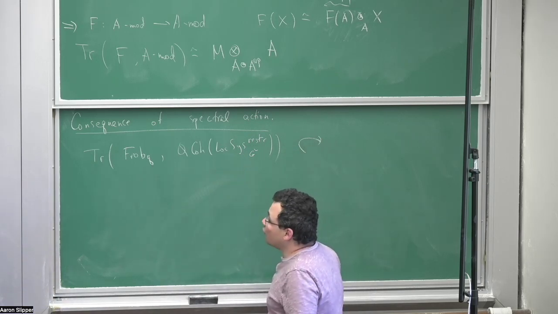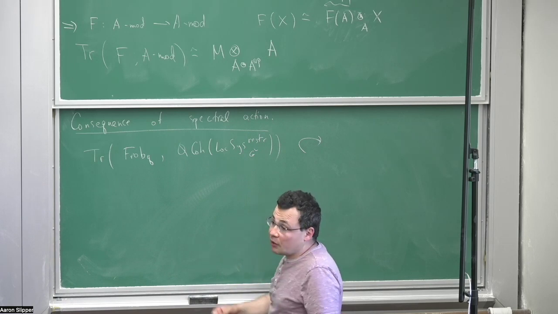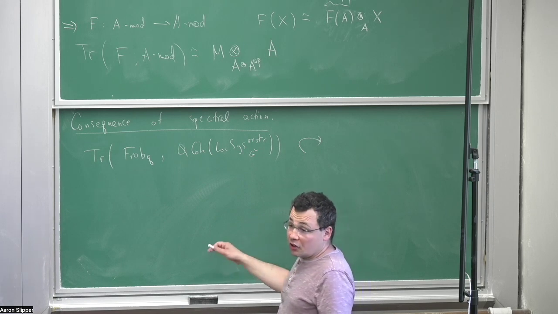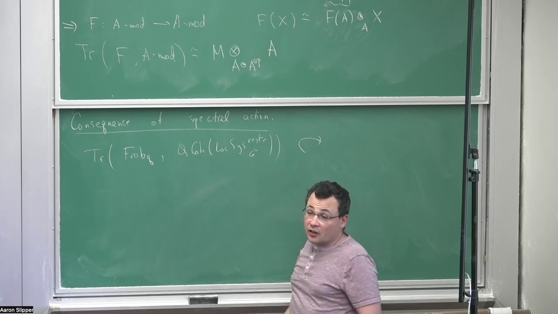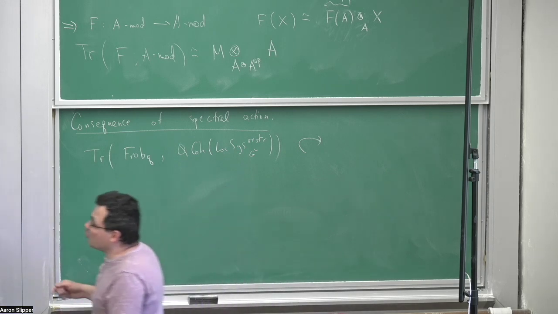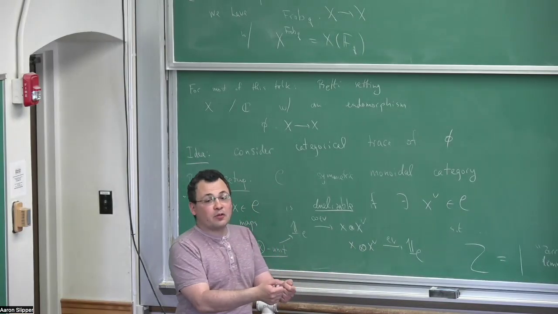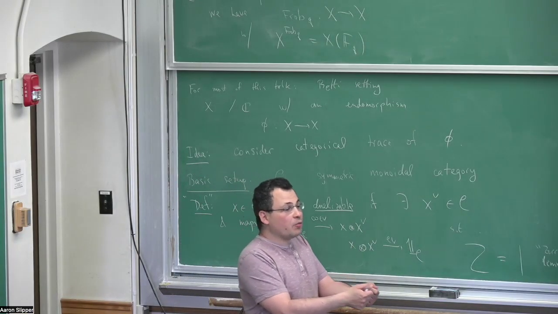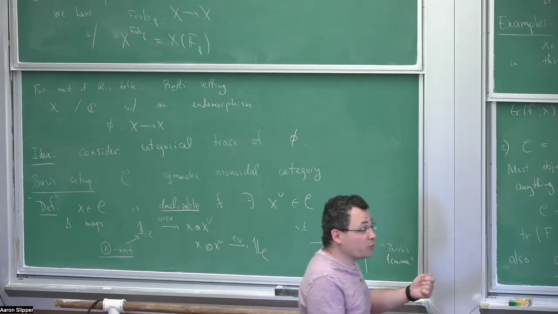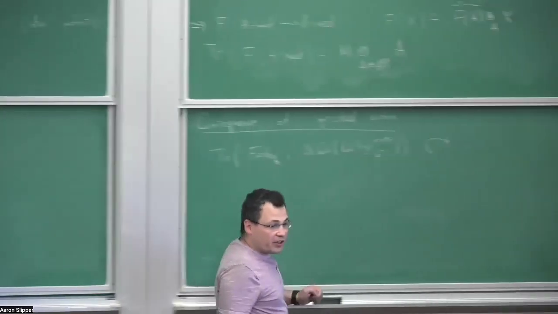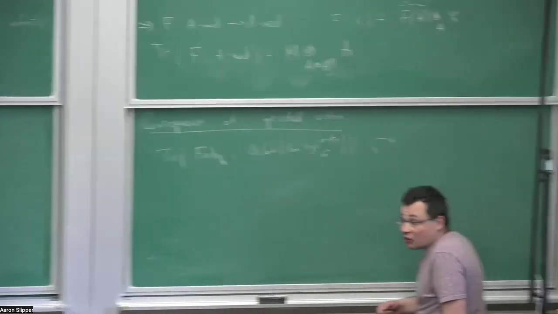This is a priori a chain complex, but in fact this chain complex has a commutative algebra structure, because this trace construction, which I didn't say, is symmetric monoidal. If you take the tensor product of two dualizable objects and the tensor product of two endomorphisms, then the trace will be the tensor product of the traces, just like for matrices.